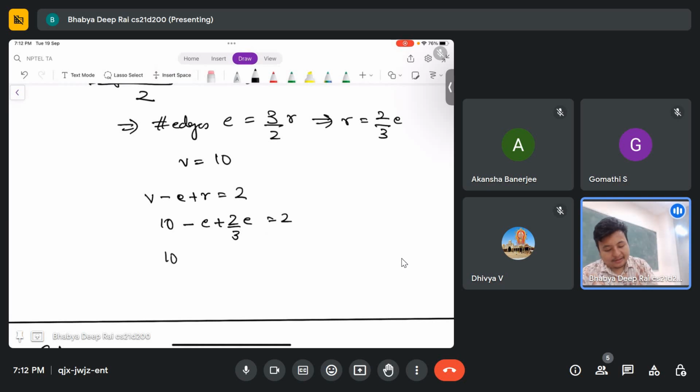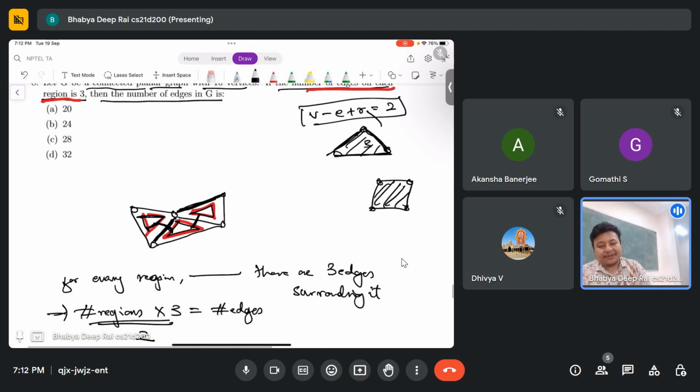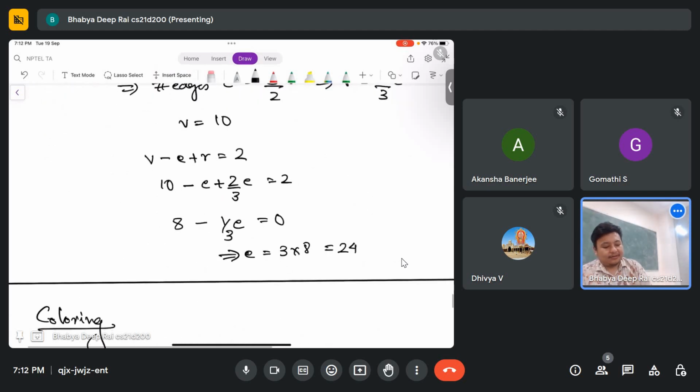So 10 minus 2 is 8, minus E plus 2 by 3 E is 1 by 3 E, equals 0. So E equals 3 times 8, which is equal to 24. So 24 is B. So the answer is B.